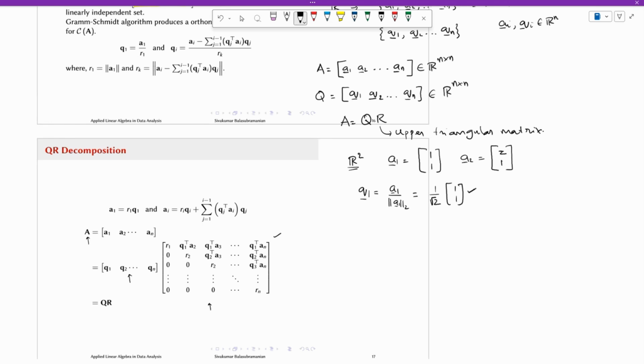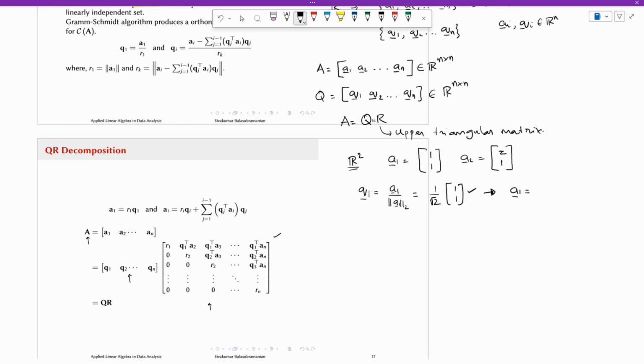Okay. Now, what is the relationship between, I mean, this is trivial, but what is the relationship between Q and A? If I wanted to obtain A from Q again, I wanted to reverse the process, how would I obtain it?